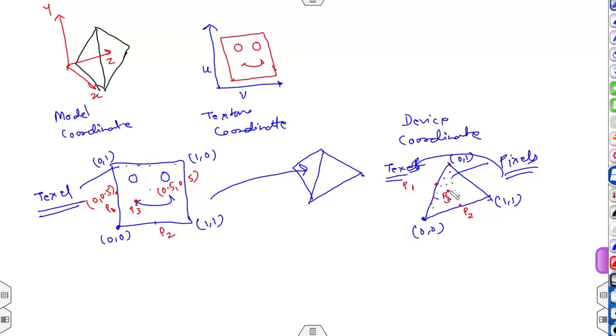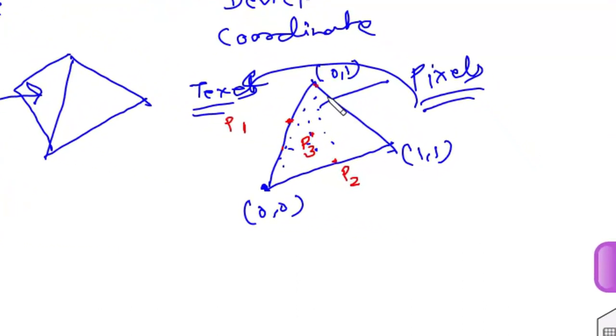So after interpolating all the pixels on the basis of texels, it will be rendered like this. Okay, so after applying this texture, we will get this type of image in the 3D faces.